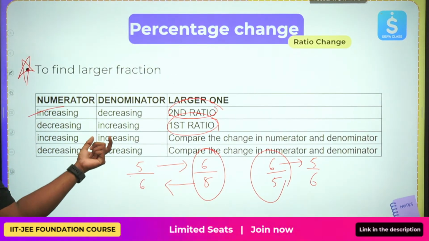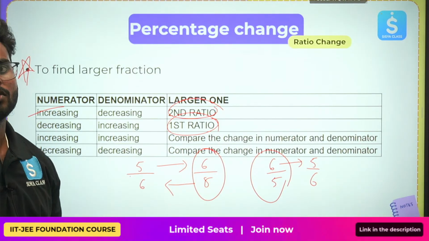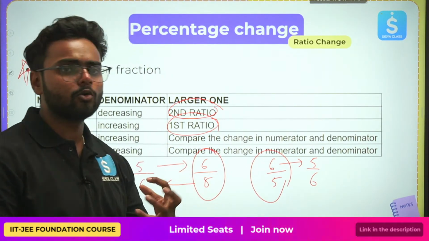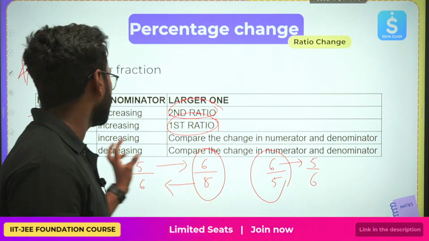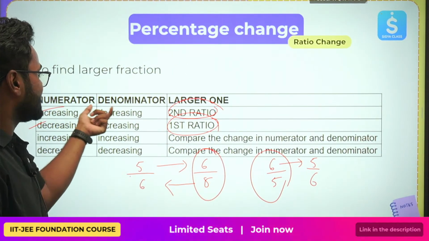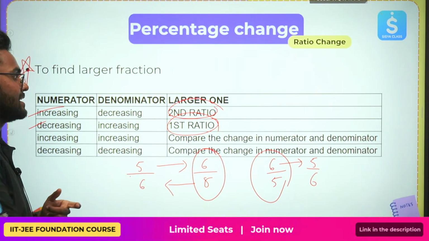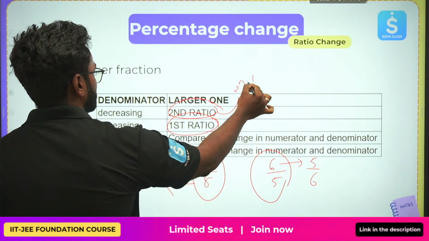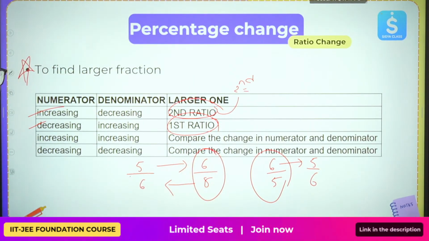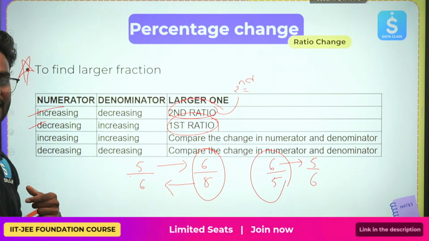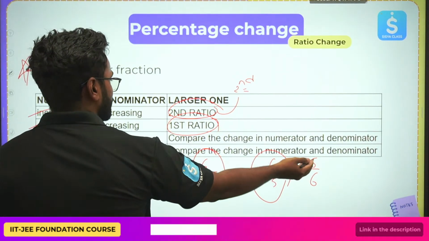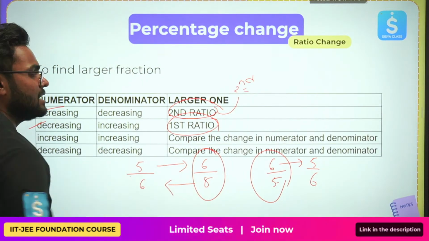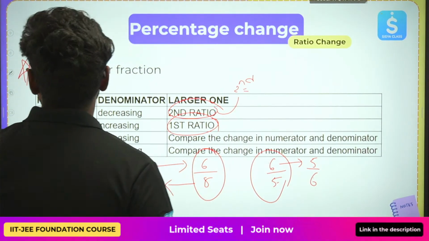Now, if both are increasing or both are decreasing, you have to find the change in the denominator and the change in the numerator and come to a conclusion, Nana. So if the numerator is increasing and the denominator is decreasing, the second ratio is the larger one. And where the numerator is decreasing, 6 to 5, and the denominator is increasing, 5 to 6, the first ratio is the larger one, right?